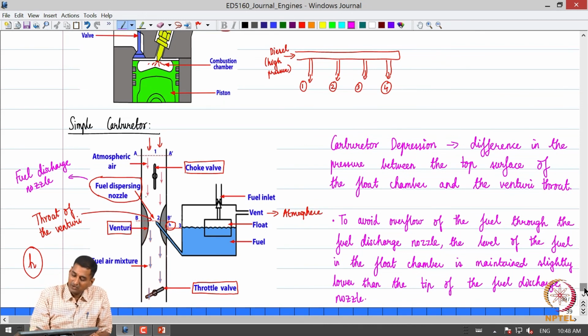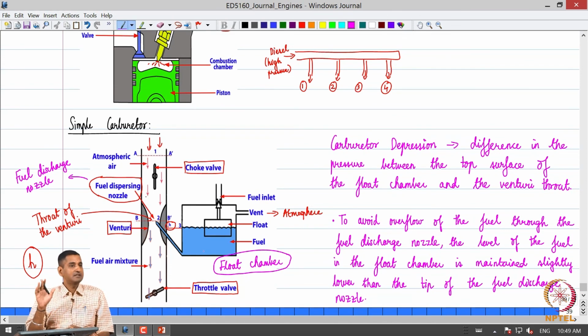The main components are this float chamber, which contains all these subcomponents: the venturi section, the fuel discharge nozzle, the throttle valve and the choke valve. The throttle valve is what is under the control of the driver, so that can be opened and closed by the driver.